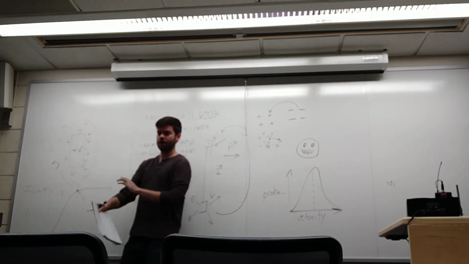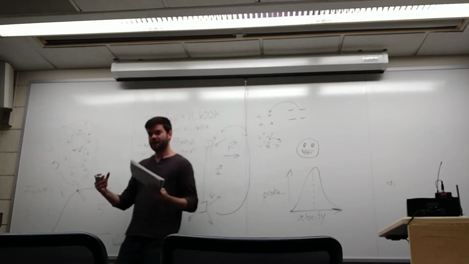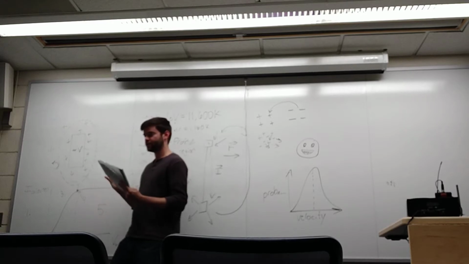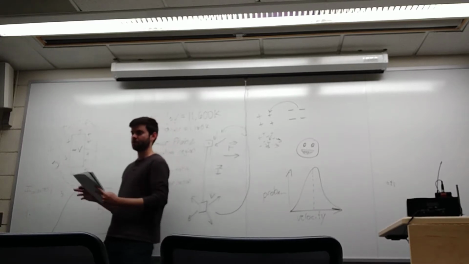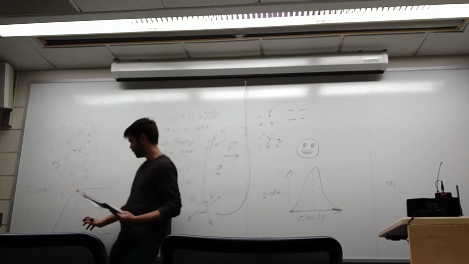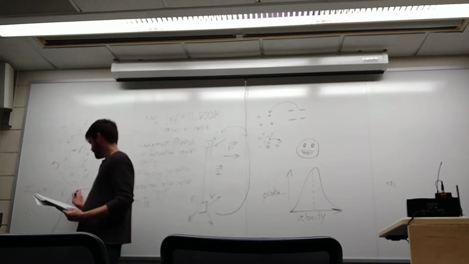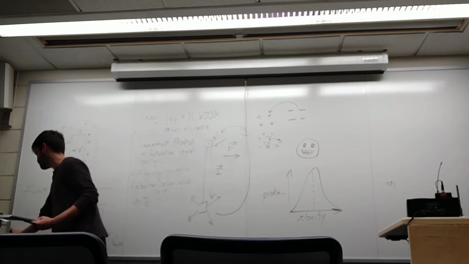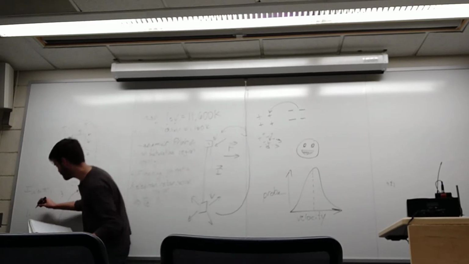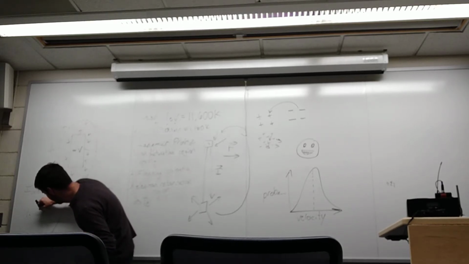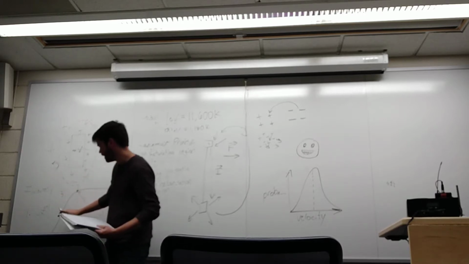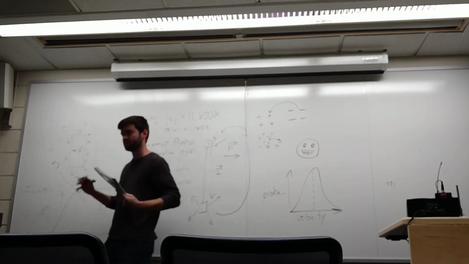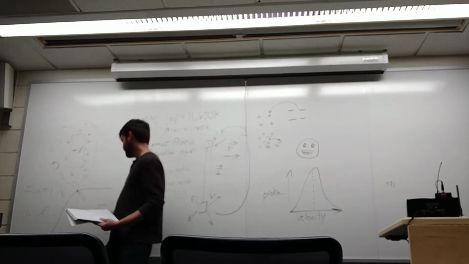If they're really energetic, they have a high temperature, and you need a very large negative bias to keep them away from your probe. So if that's the case, then you'd have a very big electron retardation regime. It would be like this. So this would be high TE, high electron temperature.